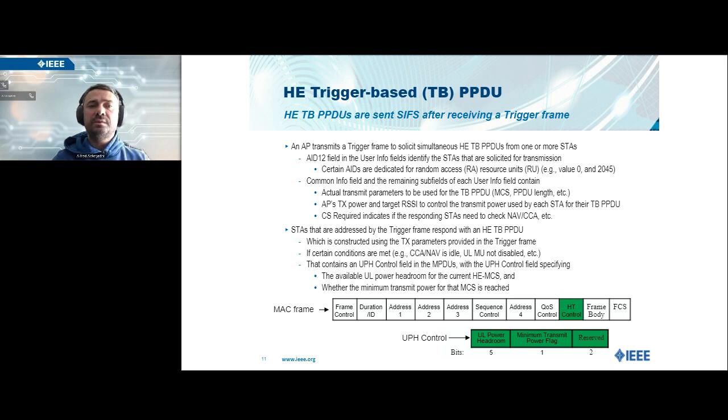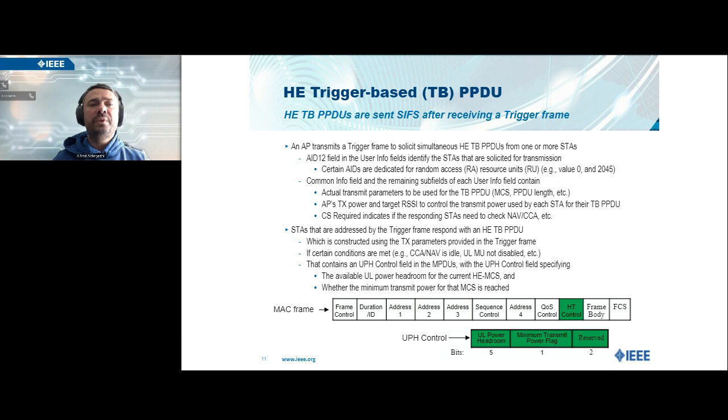The common info field, as mentioned earlier, and the remaining subfields of the user info fields contain the actual transmit parameters that are going to be used by the station to generate the TB-PPDU. So as we mentioned, the MCS, PPDU length, and so on.